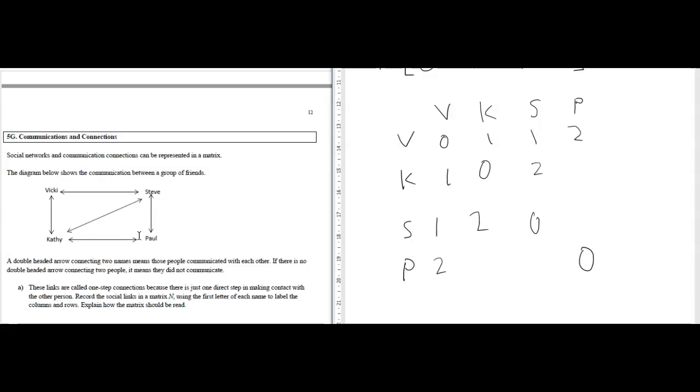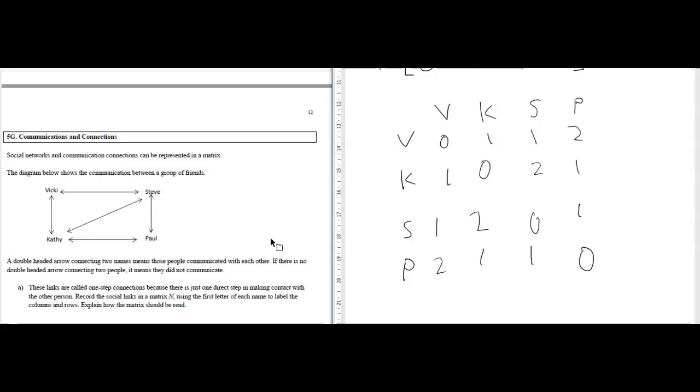Okay, so let's say if that line was missing, Kathy can go through Steve, and then Paul can also go through Steve. There we go. Just trying to figure out where I was going to put that one. All right, and then let's do Steve. Steve can go to Paul through Kathy only, not through Vicky. And then we're done. Okay, so that's our 2-step dominance.